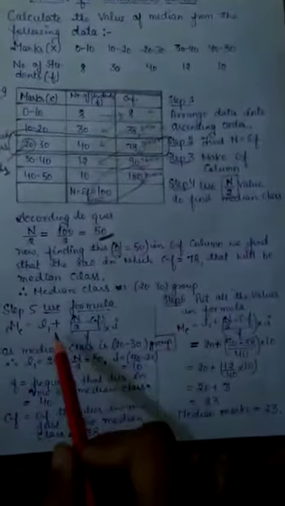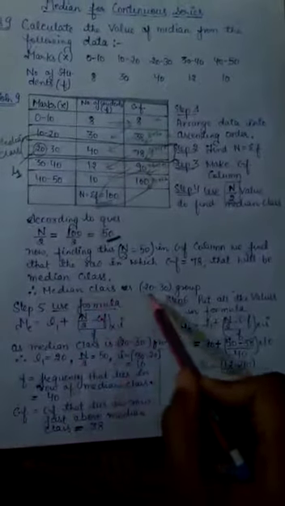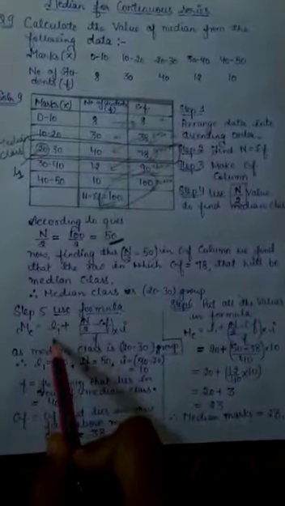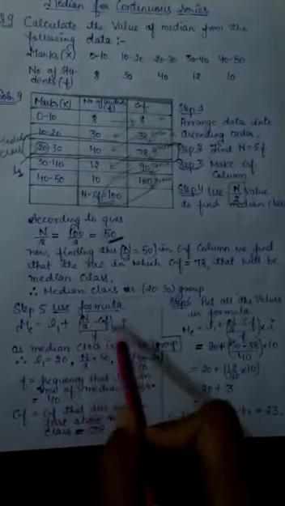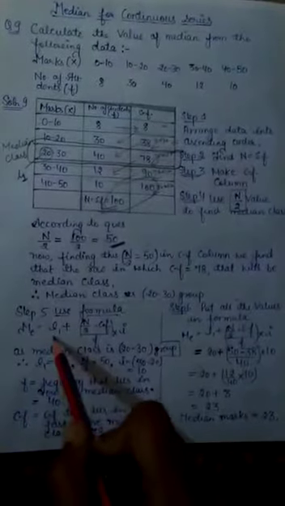Now we have to find out the formula values. The formula for median is, as you know how we chose 20 to 30 as the median class, here also written 20 to 30 median class. So the next formula is L1 plus n by 2 minus CF upon f into I. This you have to learn. What is L1 here?